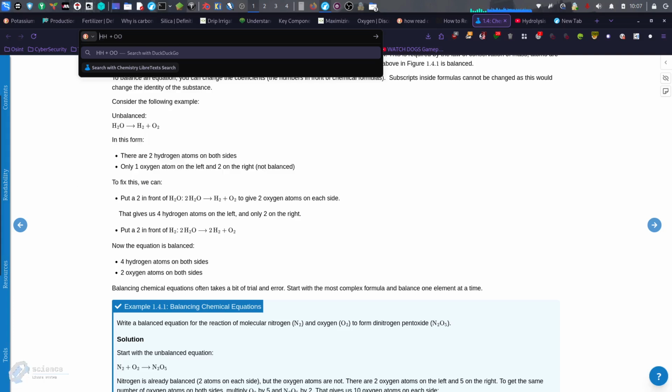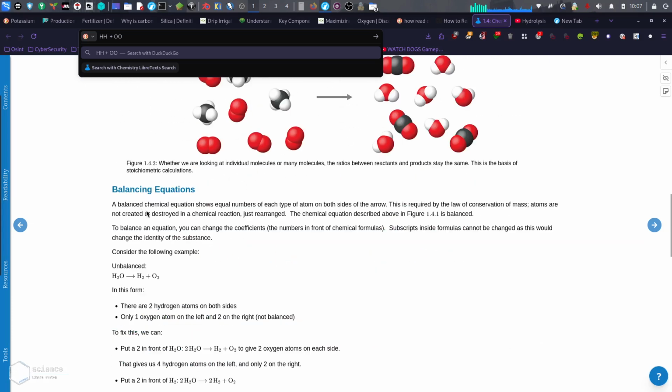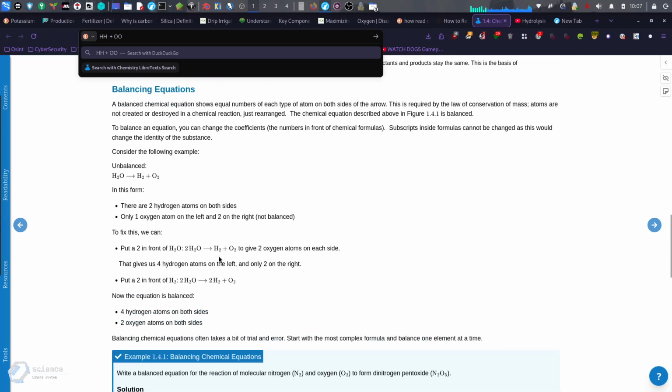2 hydrogen molecules, H, represent this white, and oxygen represents a red circle. We say we get 2 hydrogen plus 2 oxygen. We put a coefficient.